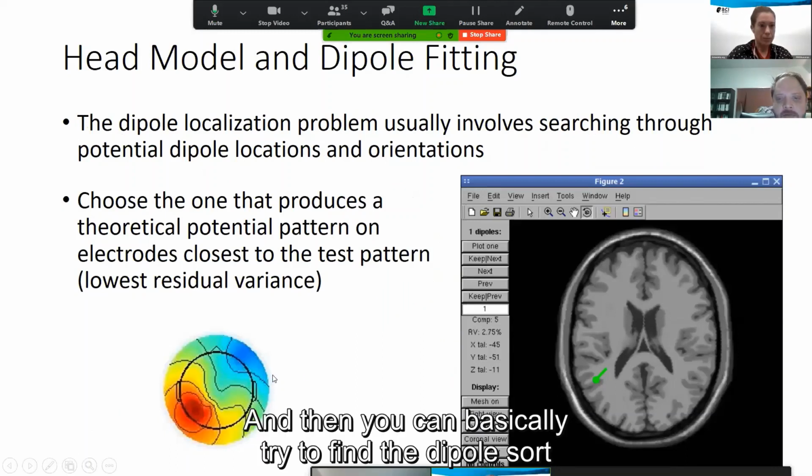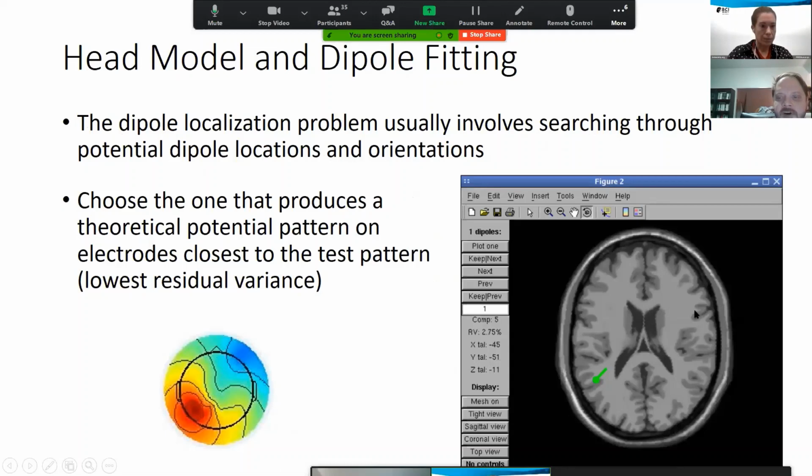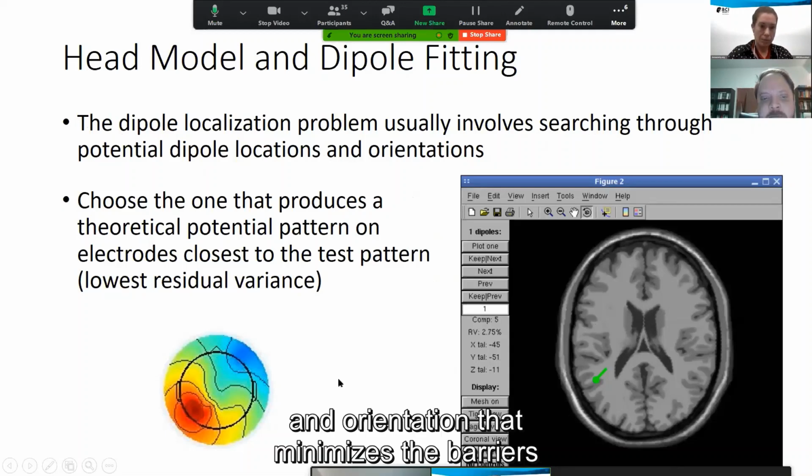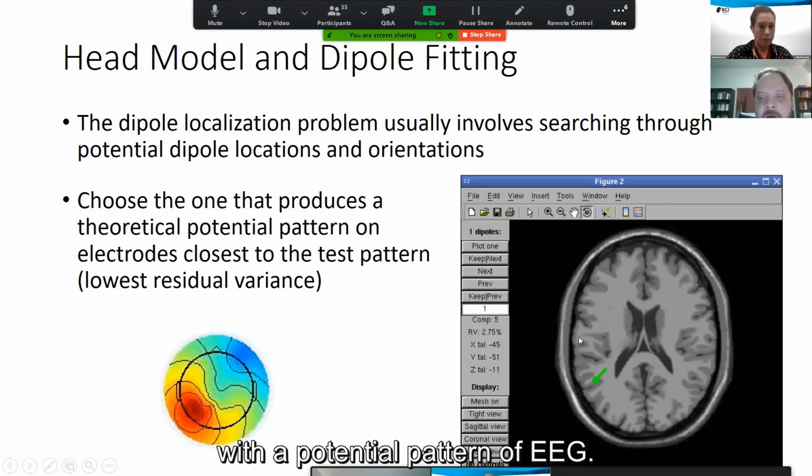Then you can try to find the dipole location and orientation that minimizes the variance with the potential pattern of EEG.